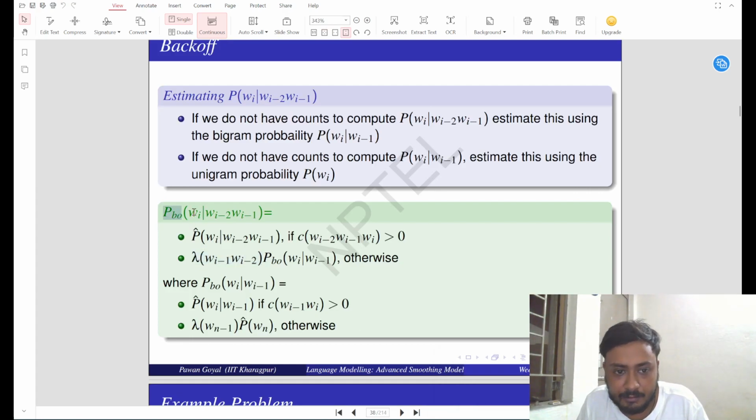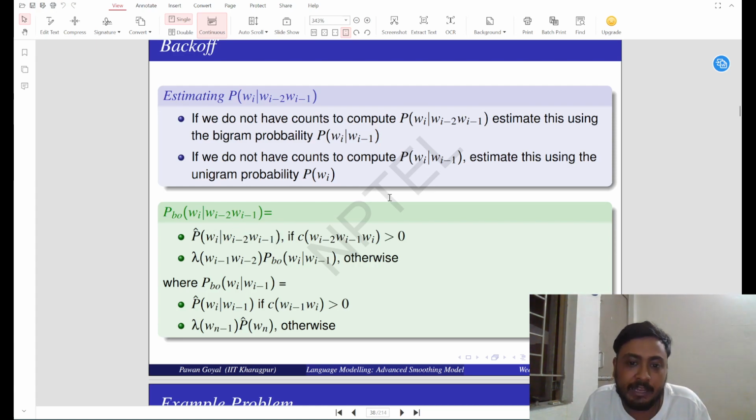This is the value you want to calculate, and the condition is whether the standard probability or the count is greater than 0 or not. So if it is greater than 0, we use this value. That is what I meant by substitute. If it is 0, then we use this value. So that is what I was meaning by substitute.